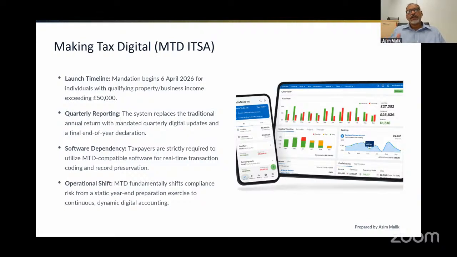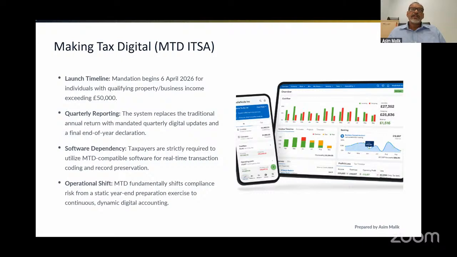That £50,000 limit is based on the last submitted tax return, which is the 5th of April 24-25 tax return. So if certain types of qualifying income are more than £50,000, then you become liable to start submitting information on a quarterly basis and making tax digital.